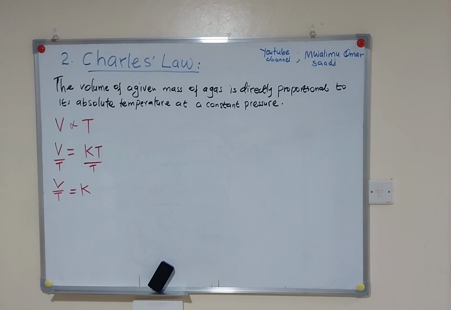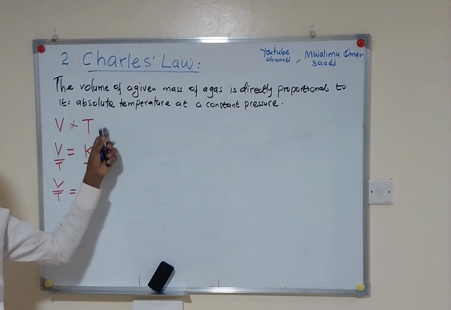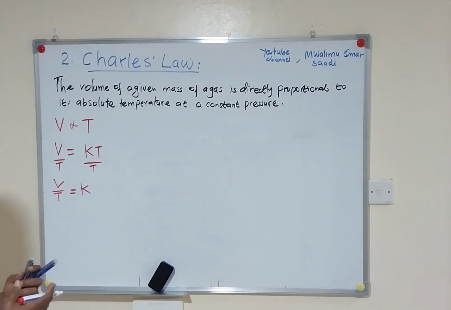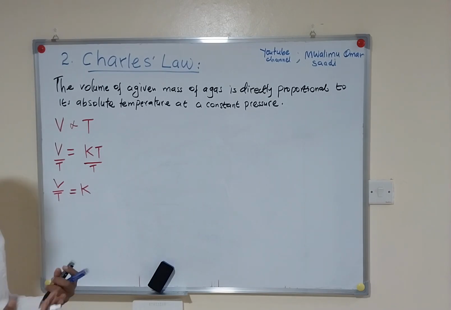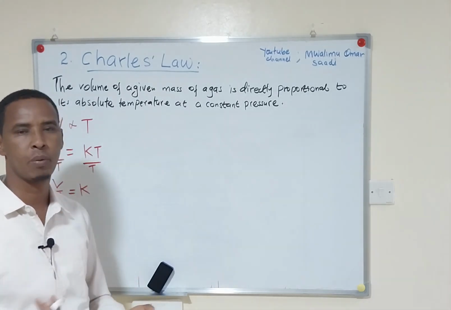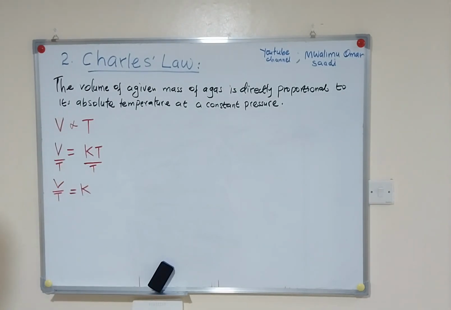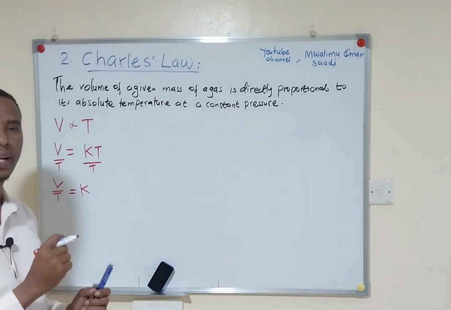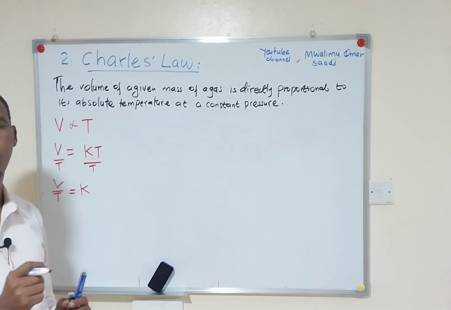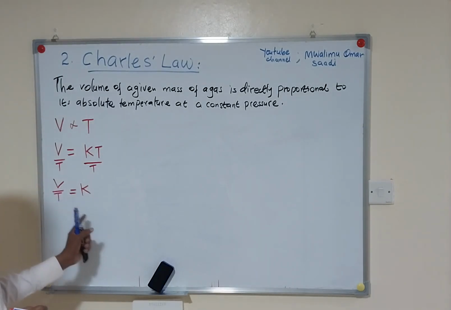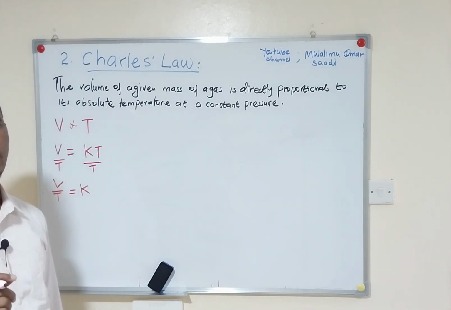So this means if the volume is directly proportional to temperature, if the volume is increased, the temperature will also increase because they are directly proportional to one another. And if the volume is decreased, the temperature will also decrease. So if the volume changes from V1, that is the first volume, to V2, the second volume, the temperature T will also change from T1 to T2.